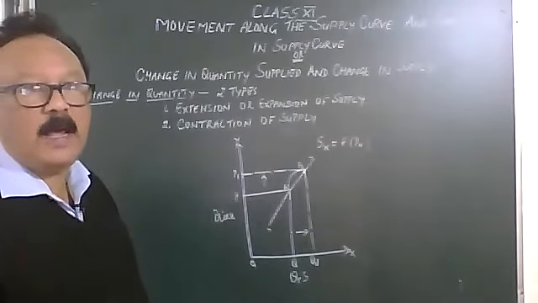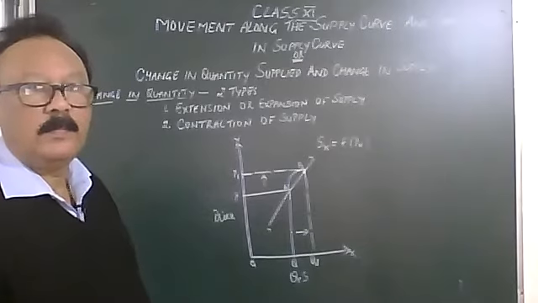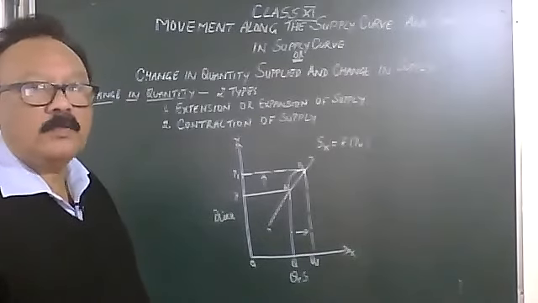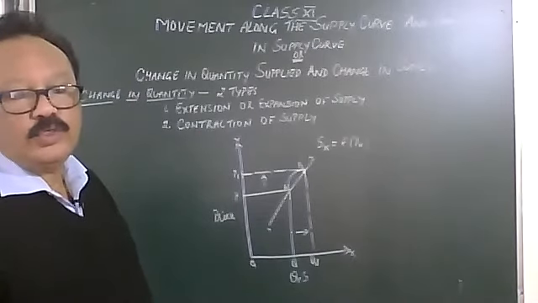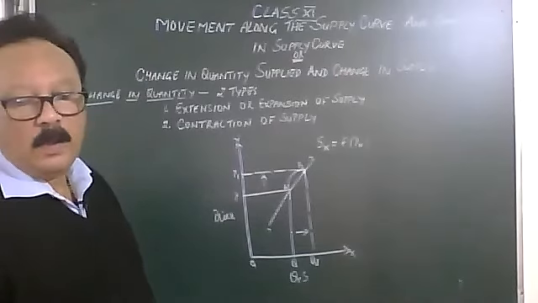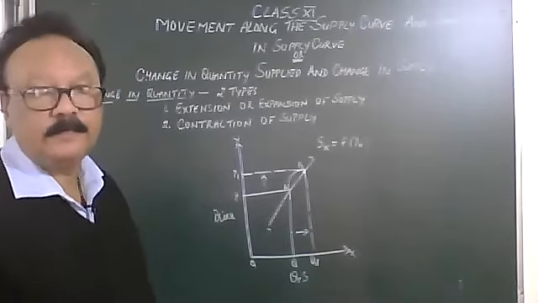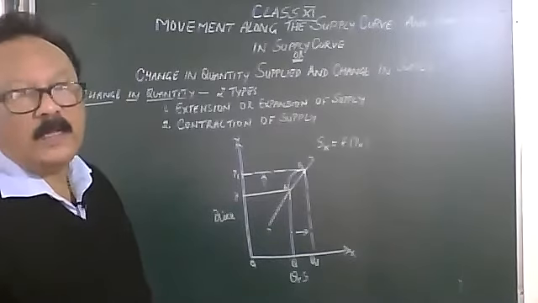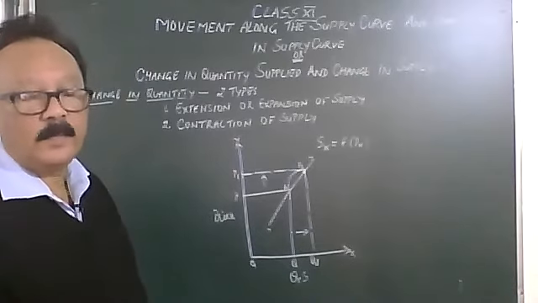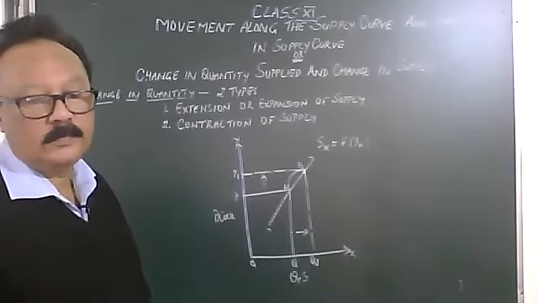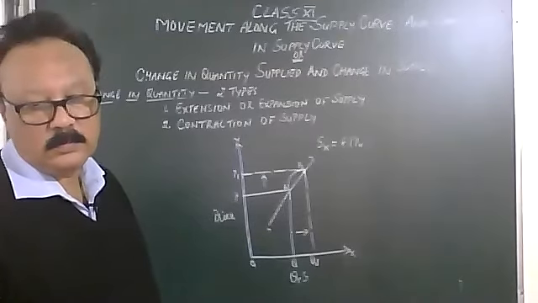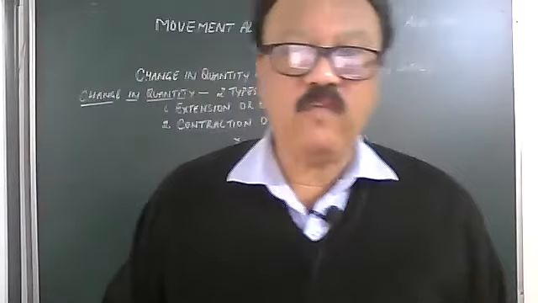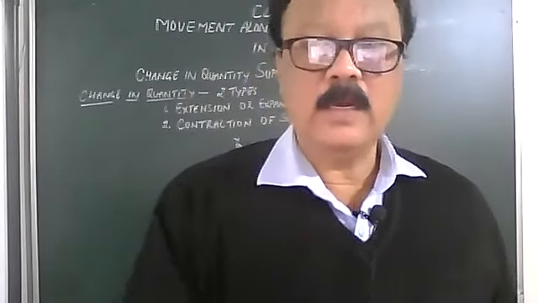When the quantity supplied falls due to a fall in its price, other factors remaining constant, it is called contraction of supply or fall in the quantity supplied.